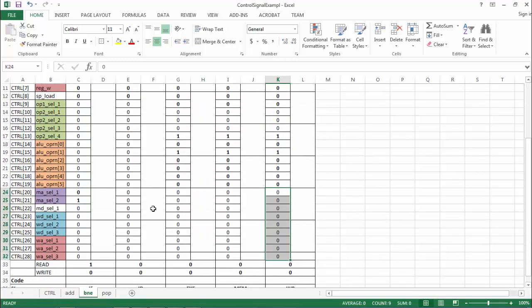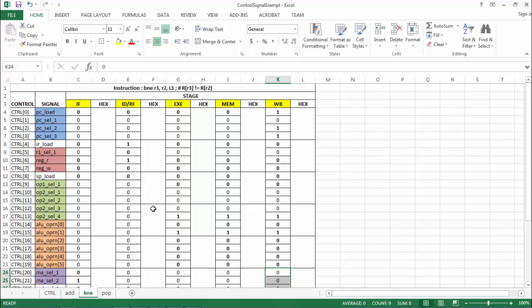Okay, so we complete the control signal table.